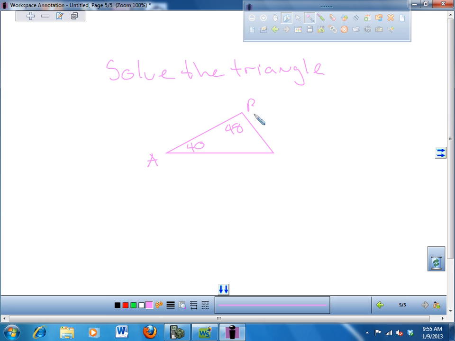A, B, C, and then this side is 5, this side is B, and this side is C. You kind of have to decide what to use. In this case, since I have an angle, then a side, I'm going to use law of sines.